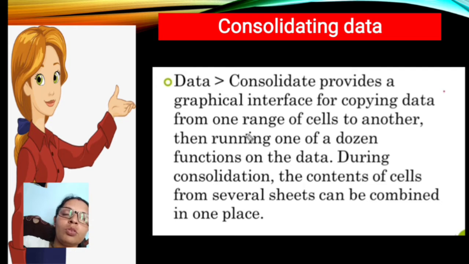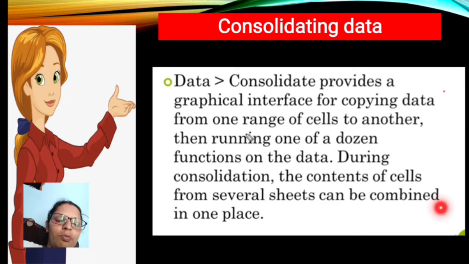If you have two worksheets, we can combine our data in a next worksheet. So that is consolidate. During consolidation, the content of the cells from several sheets can be combined in one place.